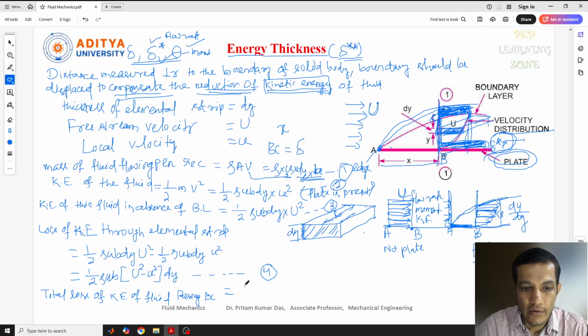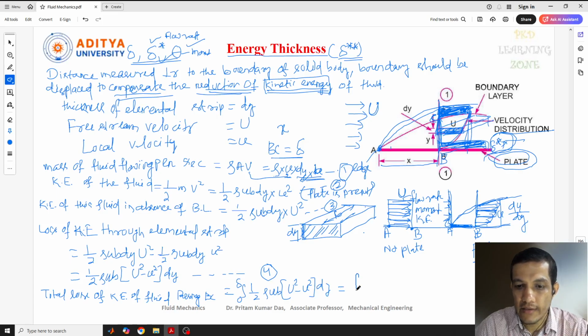So the integration is from 0 to delta, because BC, the total length, is delta. Passing through BC, we can write the equation as half into rho into U into b, bracket started, U square minus small u square, and dy.